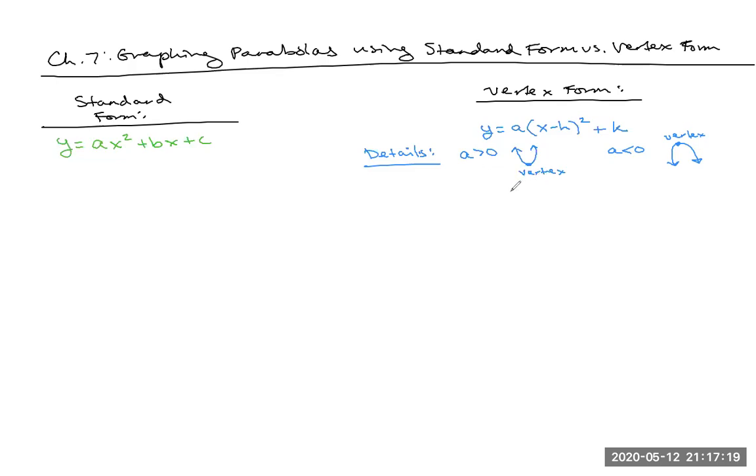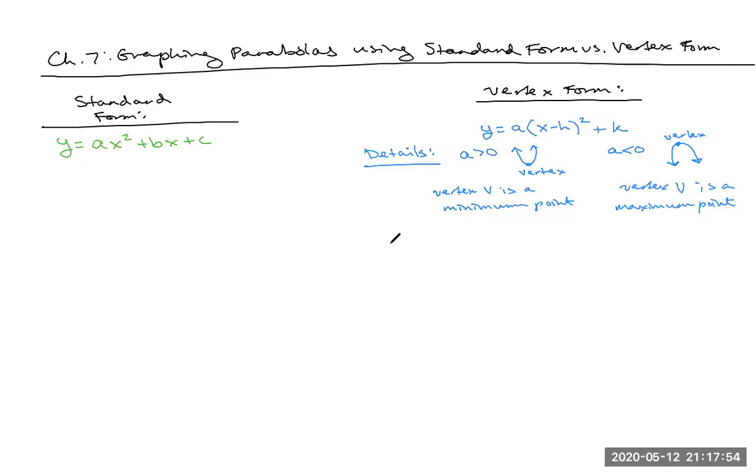For A greater than 0, the vertex is actually a minimum point. And for A less than 0, the vertex V is a maximum point on your graph.